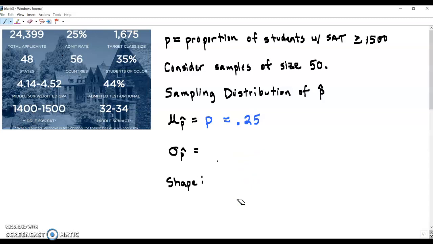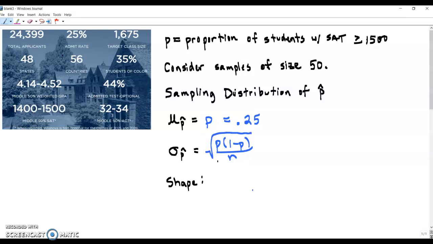The standard deviation of p hat. Well, for this one, we have a formula, and that formula is the square root of PQ over N, where Q is 1 minus P. But when are we allowed to use this formula?